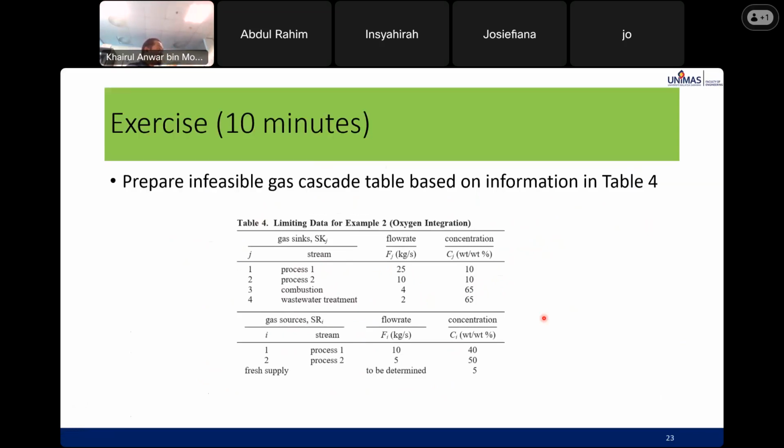At the moment, you have learned how to calculate the gas cascade table.